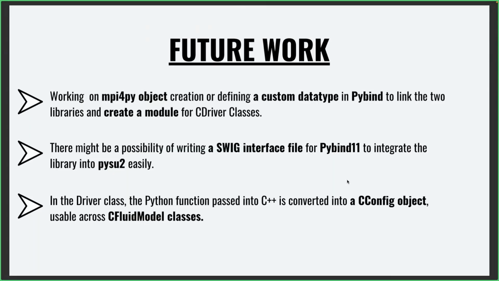In order to achieve this, we will be working on an MPI4py object creation, which can be easily called inside Pybind11, or a custom data type will be defined in Pybind11 with an SU2 comm type. Then it can easily create classes which can be imported in Python, to use the functions defined in the C++ driver classes.